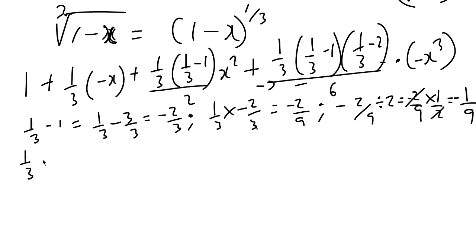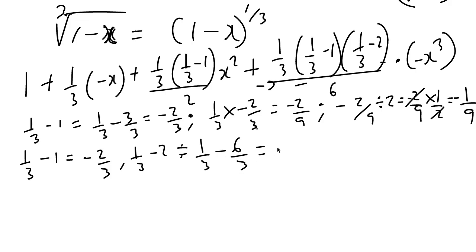So let's simplify this third term. What's 1 over 3 minus 1? We've gotten it as negative 2 over 3, right? And then 1 over 3 minus 2 is the same as 1 over 3 minus 6 over 3, because 6 over 3 will still give us 2. And 1 minus 6 is negative 5, and then that's negative 5 over 3. Do you agree?